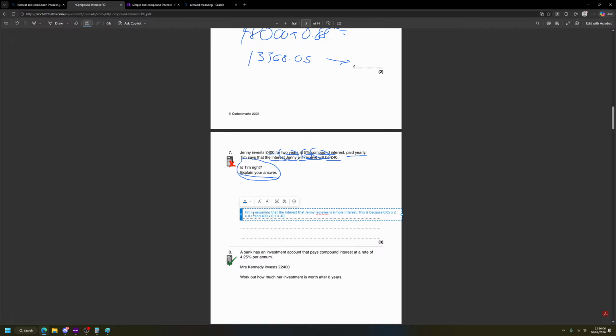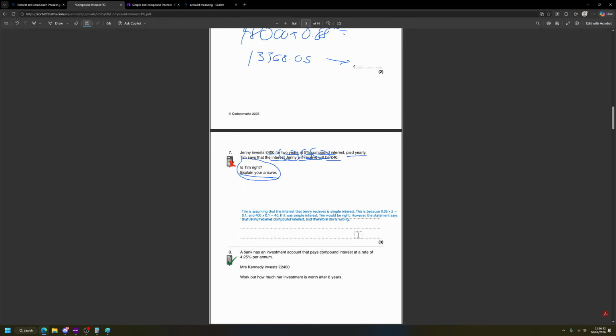I would put a pound sign, but can't find it. If it was simple interest, it would be right. However, the statement says that Jenny receives compound interest, therefore Tim is wrong. Whoa, Tim, you're a bad boy.